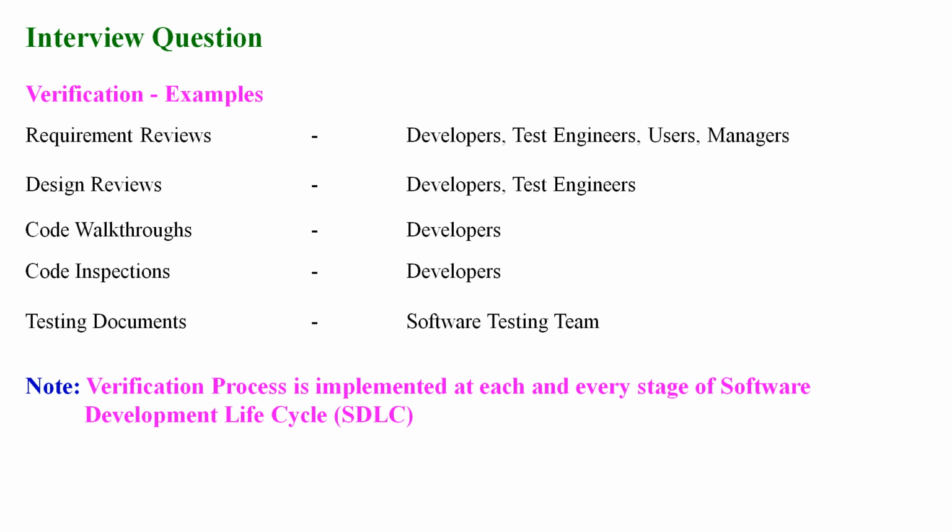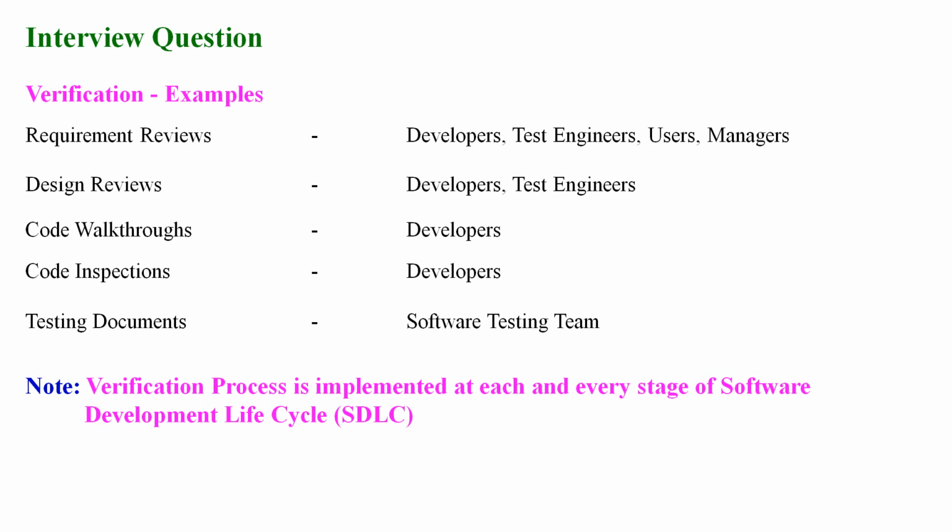Now, if we are performing reviews on the requirements, then who will involve? Development team will involve, testing team will involve, users will involve, and managers will involve in requirement reviews. In design reviews, developers will involve, test engineers will involve. Code walkthroughs and code inspections will be performed by the software development team.